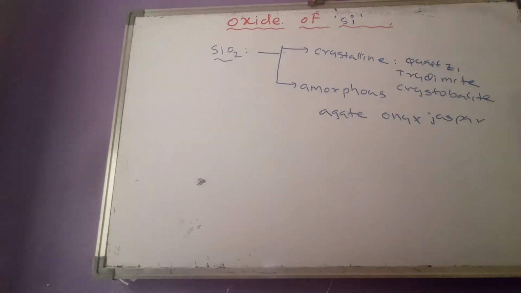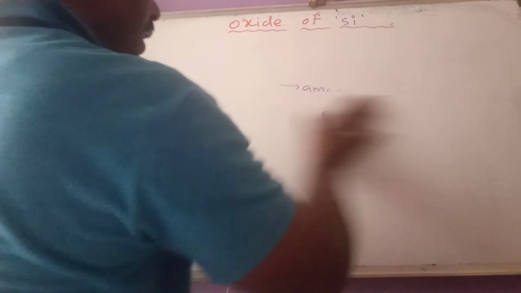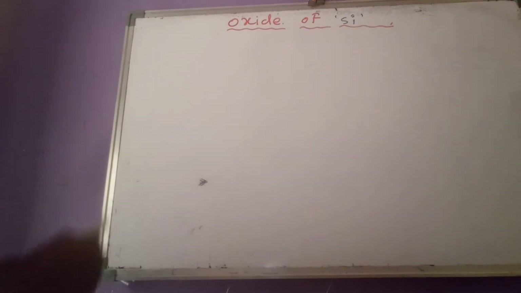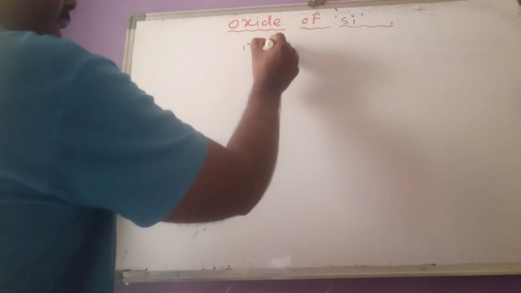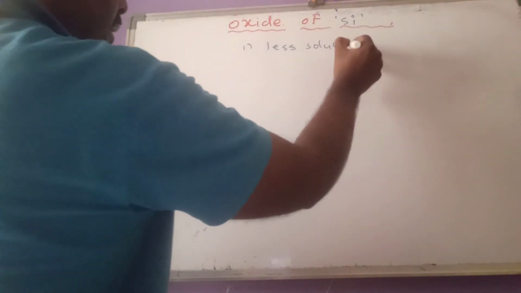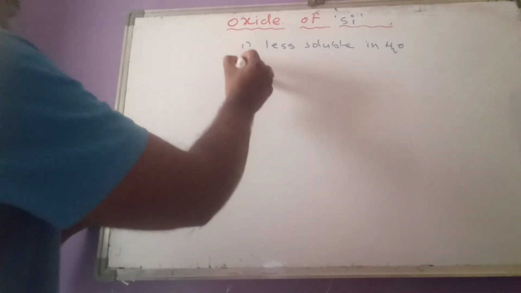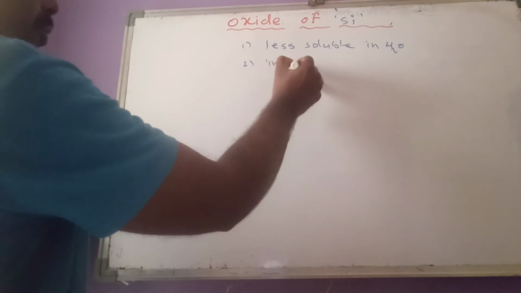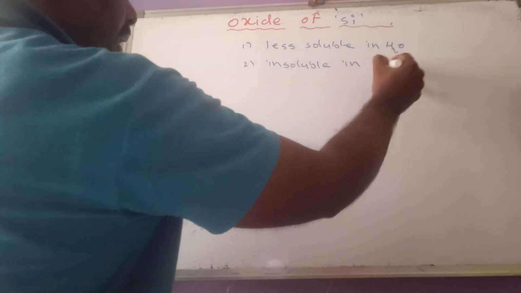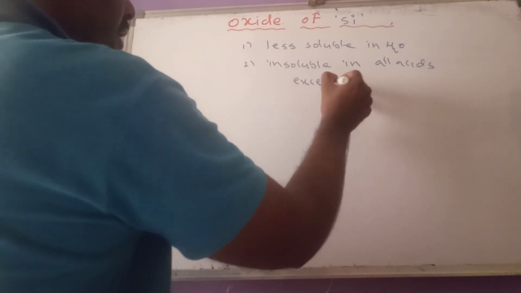Now let us see the properties of silica. It is naturally available, no need of preparation here. It is very less soluble in water, and it is insoluble in all acids except HF.